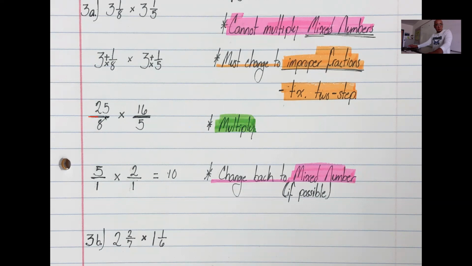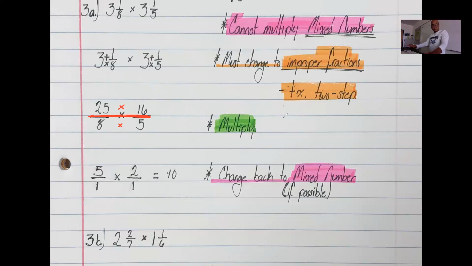Remember, ladies and gentlemen, that when we're multiplying fractions, we are essentially multiplying the numerators, 25 times 16, and below the fraction we have our denominators, which are 8 times 5. I encourage you to watch yesterday's video if you forgot about this. Remember that whenever I have the same factor in the numerator as in the denominator, the same number, I can always cross those out.